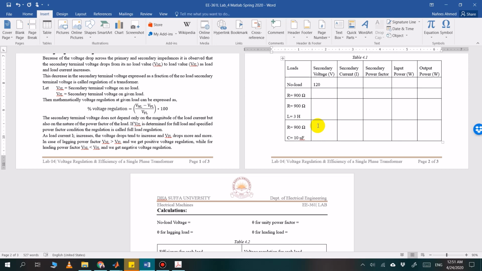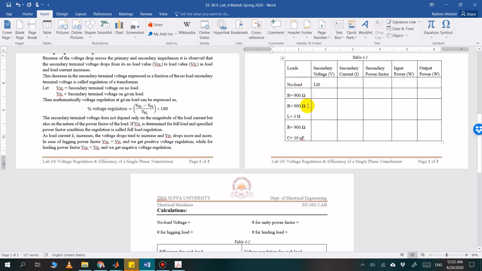We always introduce the capacitive load just to compensate the effect of inductive load, that is L, because the power factor is always low for inductive loads. So that's why we add capacitors in parallel with the load so that the inductive effect is minimized and our power factor gets improved.